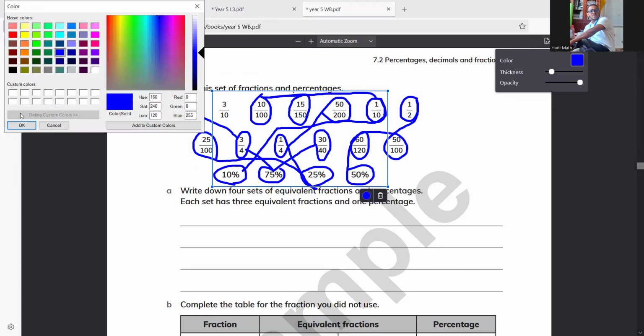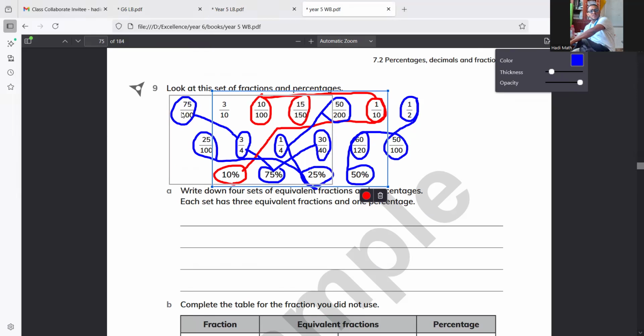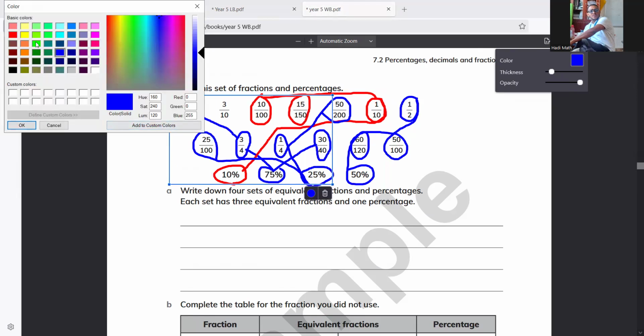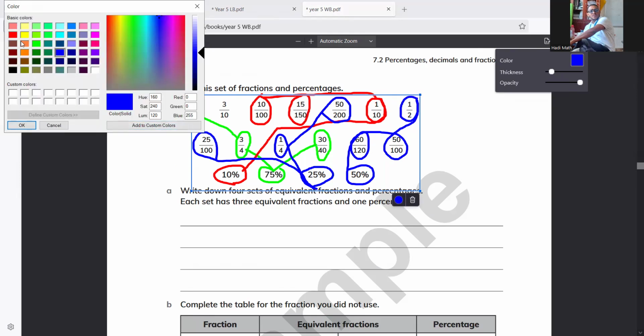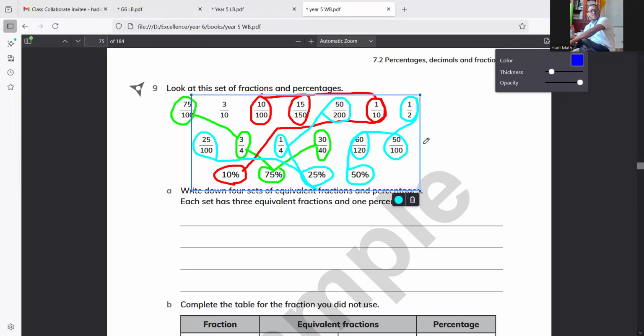Like we can have different colors for them, so instead of mixing them together, this one, we can go with a different color, like let's go with the green. This one, let's go with a different color. For example, let's go with this color. Okay.